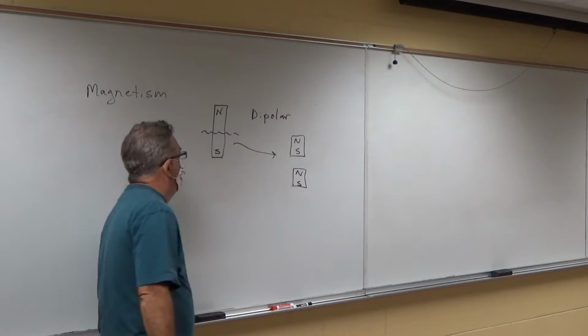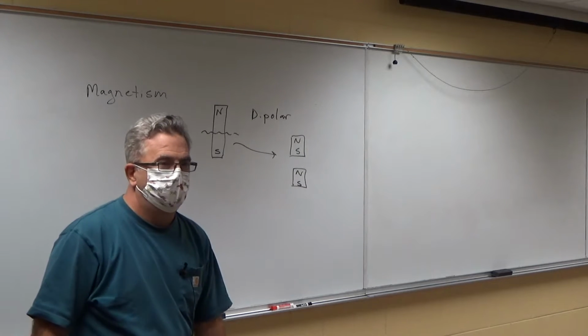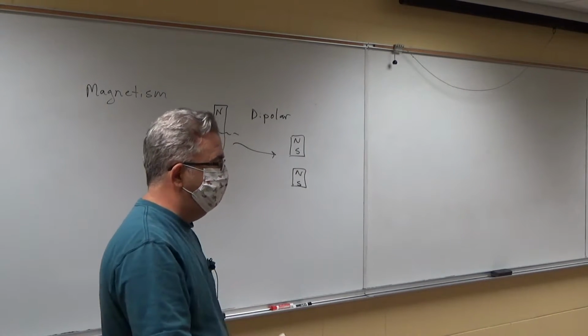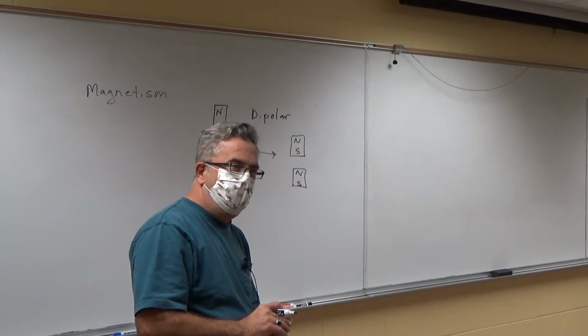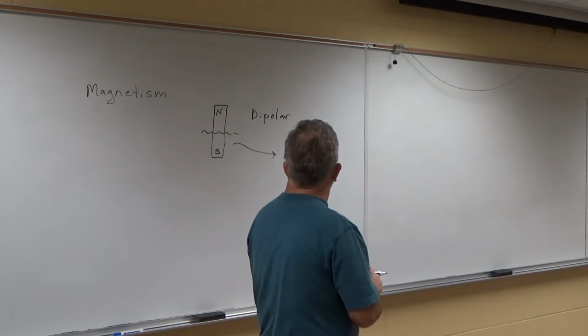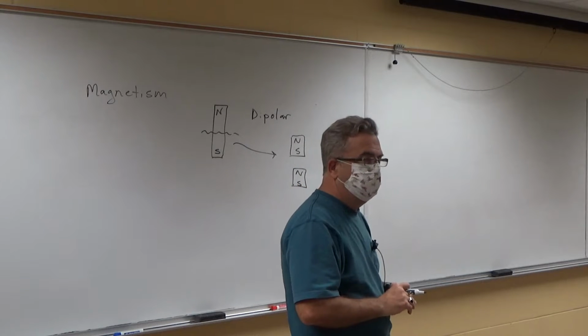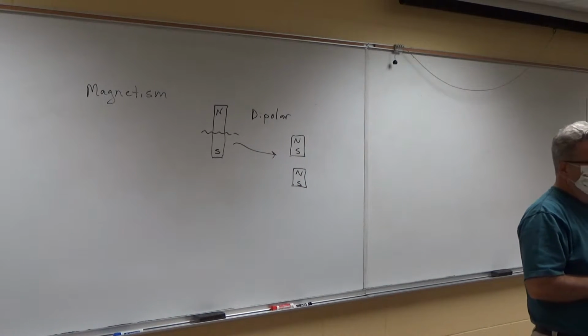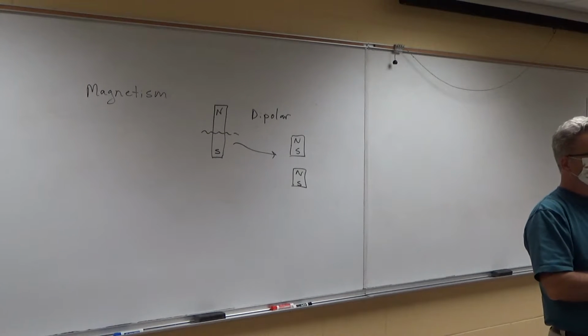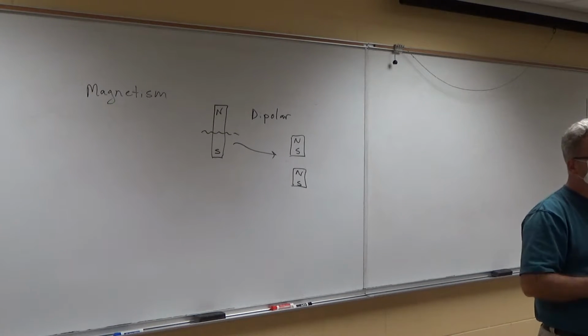You get two dipoles. Then you cut it again, you get the same thing again. Slice it as much as you want, it's always going to be dipolar. You're always going to get a north and south, meaning there are no magnetic monopoles. There's no north charge that's just north.